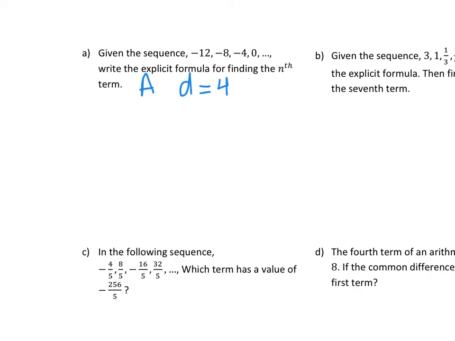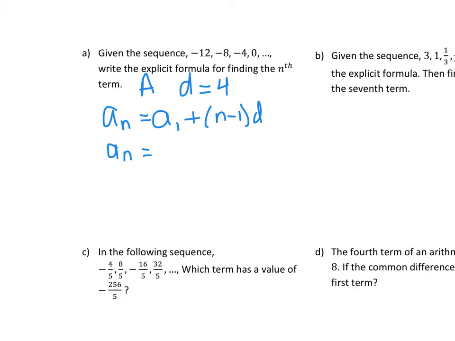So using your formula on the front of the sheet, we have a sub n equals a sub 1 plus the quantity n minus 1 times d. A sub n we're leaving, that's the nth term.